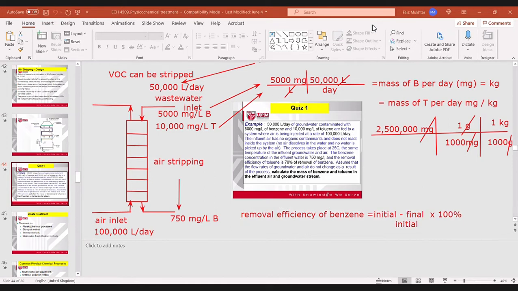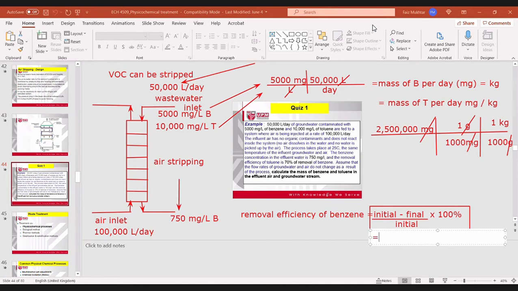Whenever you need to calculate efficiency, remember this particular formula: initial minus final over initial. If you already calculated the mass per day, you can use that.